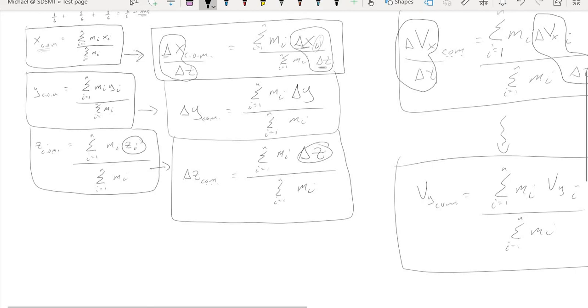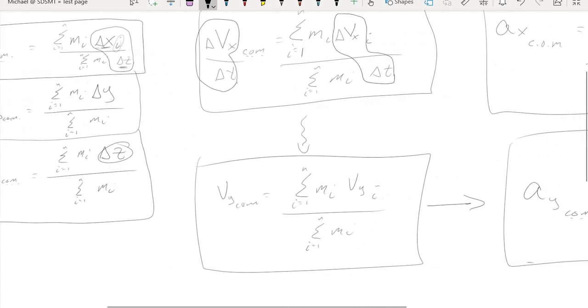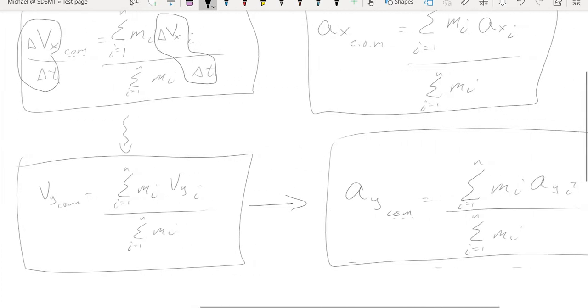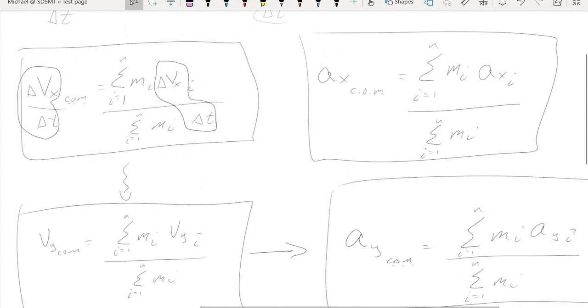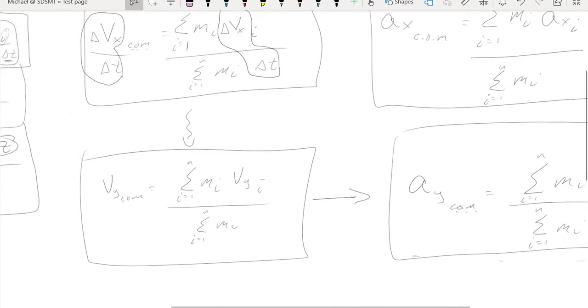If you can remember this equation, then you can very easily adapt it to the y and the z direction. You can also very easily adapt it for changes in time, changes in position, changes in velocity, until you have accounted for every possible center of mass equation that is out there.